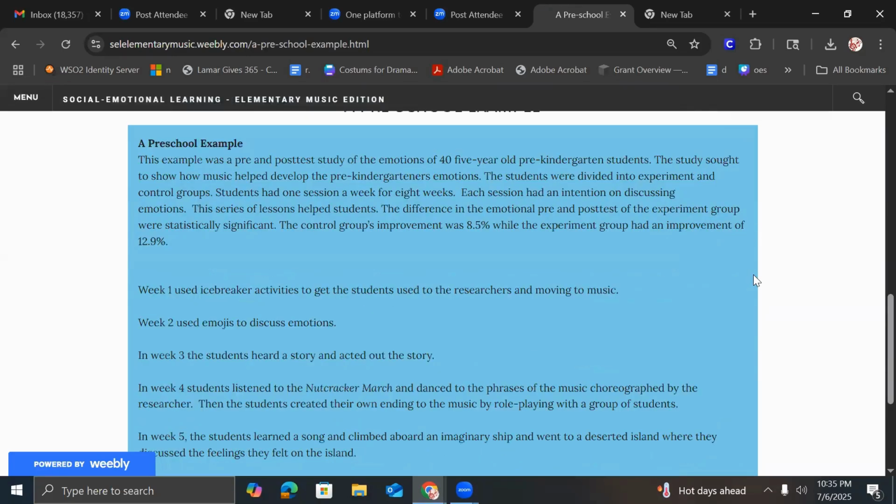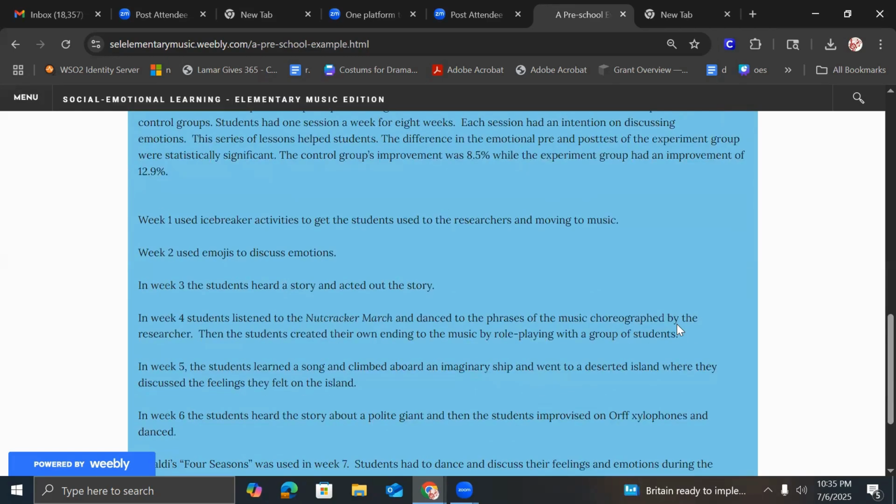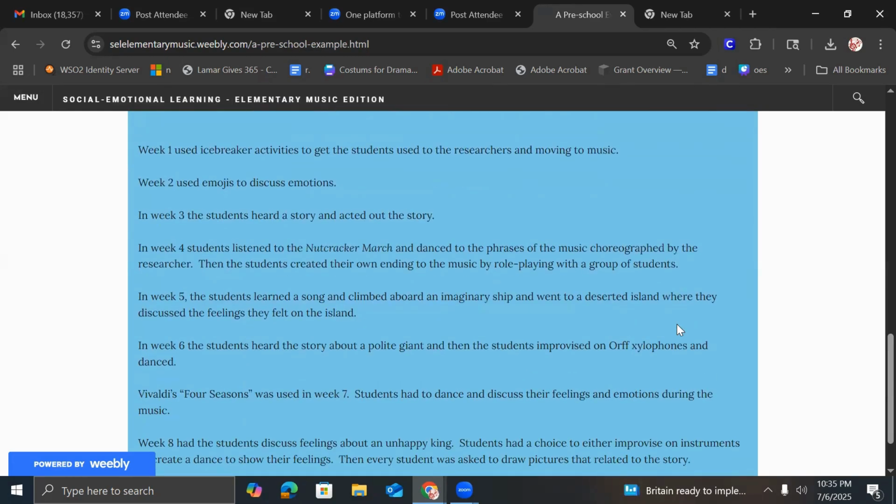Now here's a preschool example of an eight-week plan where the study was on the focus of emotions. The control group had an improvement of 12.9%, where the experiment group had an improvement of 8.5%. So this was statistically significant. And these people used Orff instruments to improvise.